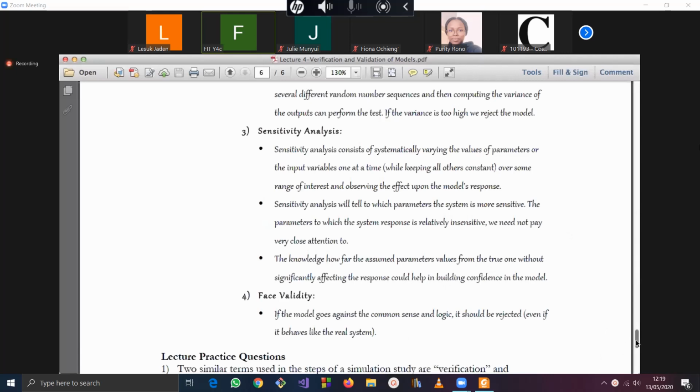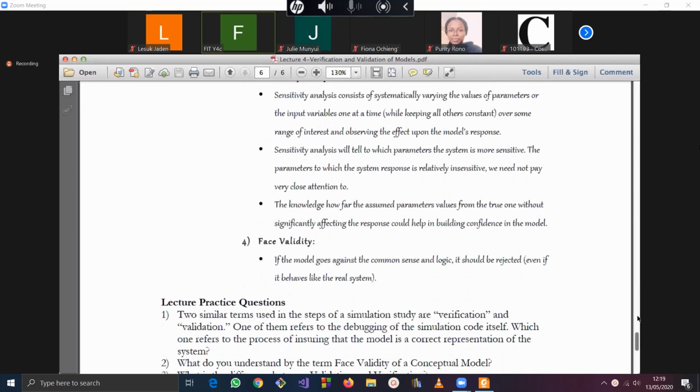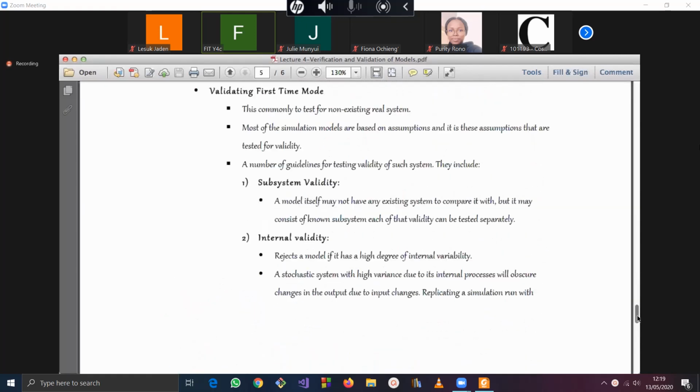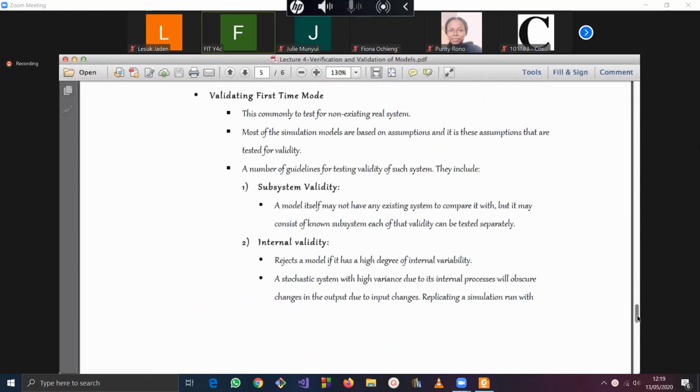So basically, that is what validity and verification is all about. In summary, we needed to understand what verification is. How do we verify?